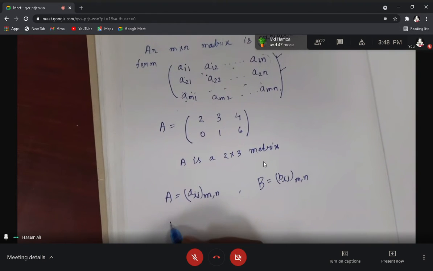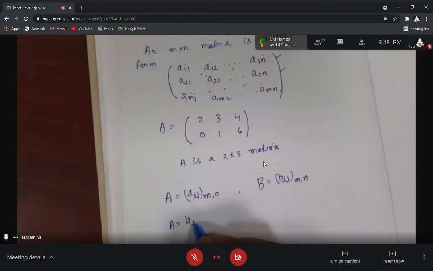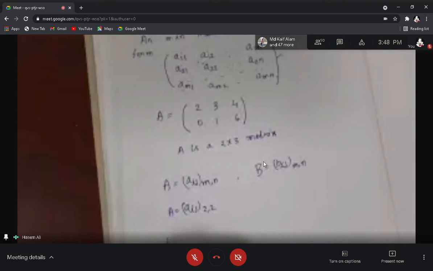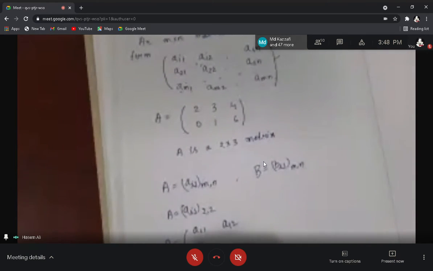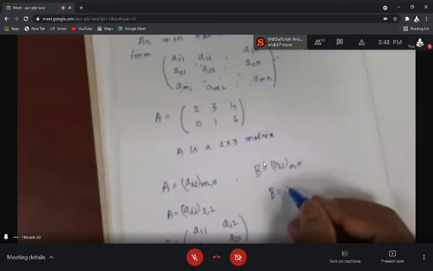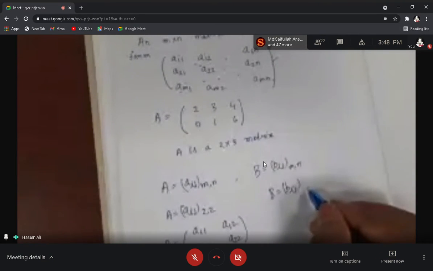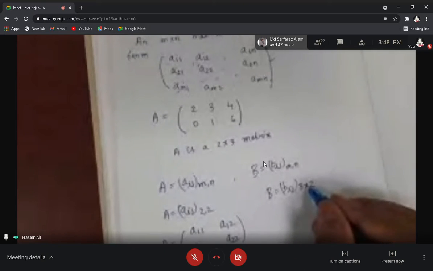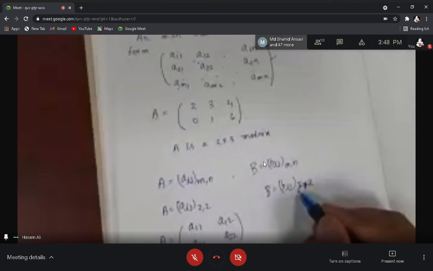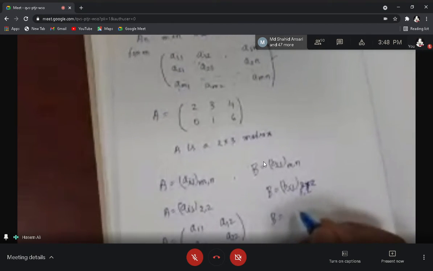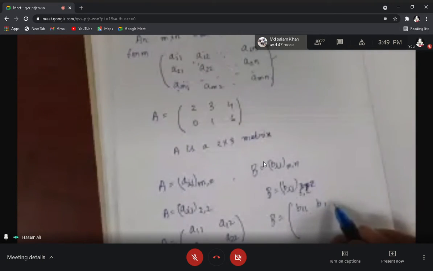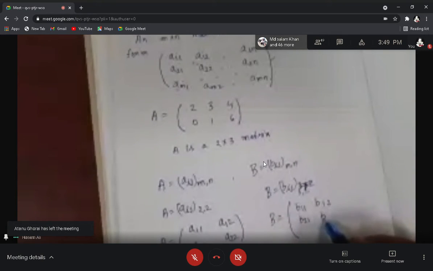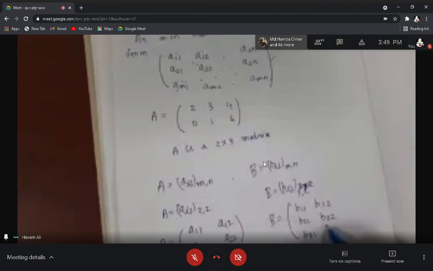For example, let A equal a11, a12, a21, a22. And if we write B equals Bij of order 3 comma 2, then B equals b11, b12, b21, b22, b31, b32.